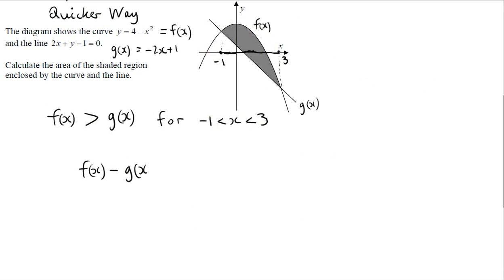So let's suppose x is this value here. Well, then f of x is some positive number. g of x will be some negative number, of course, for this x here. Well, if you work out f of x minus g of x, you'll have the length of that line. So the y value of this point minus the y value of this point will give you the length of the line.